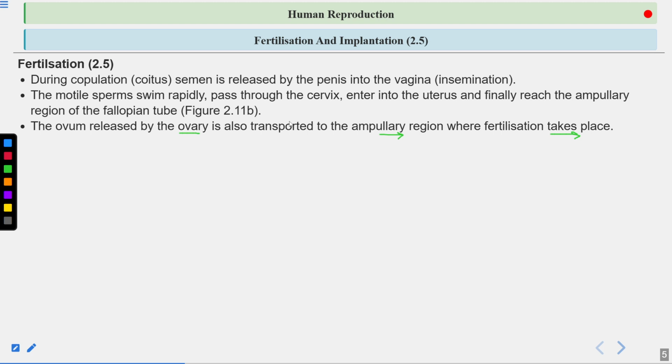Now both the gametes are present in the ampullary region, and when this happens, there is fertilization of the male and the female gamete, meaning there is fusion of the sperm and the egg. So you can see here the site of fertilization is the ampullary region of the fallopian tube.